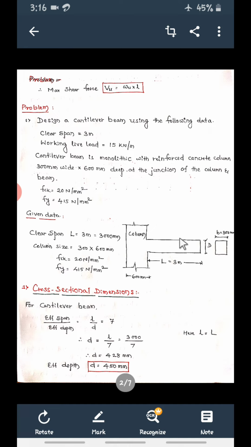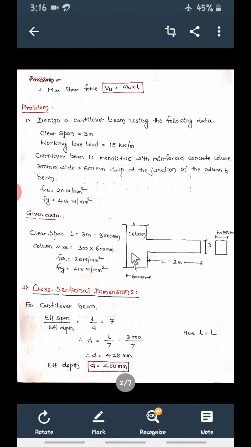When you cut this beam, whatever you are seeing is the width of the beam. So the width of the beam is equal to the width of the column. This is the support, and this is the beam we are going to design. Clear span means from the outer edge of this column up to the free end. This L, capital L, equals 3 meter. So clear span L is equal to 3 meter or 3000 mm.